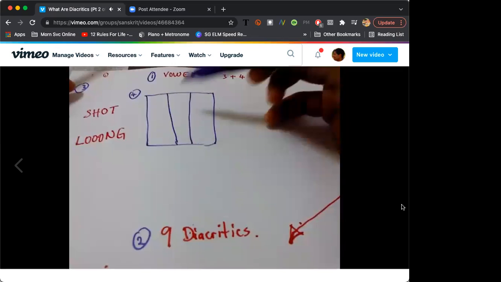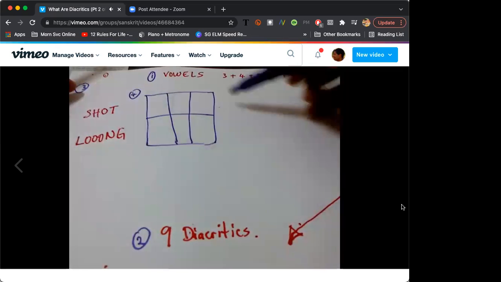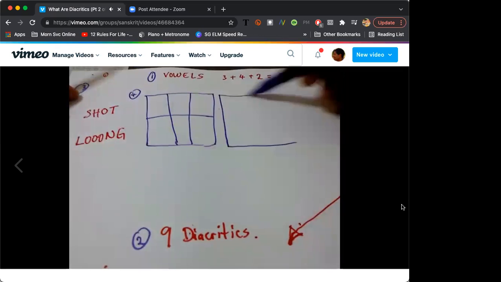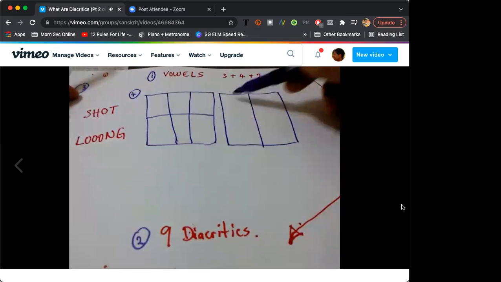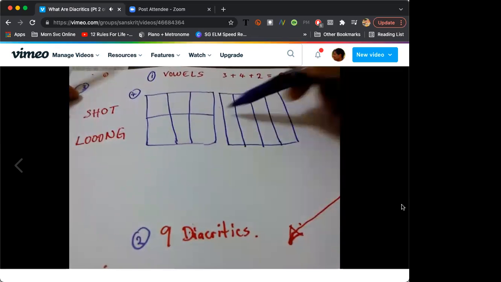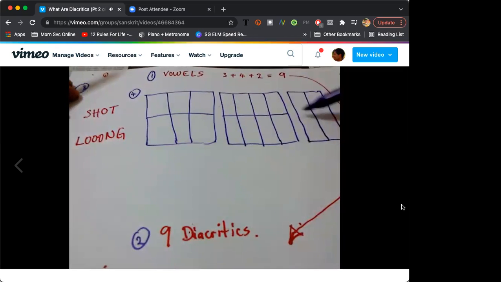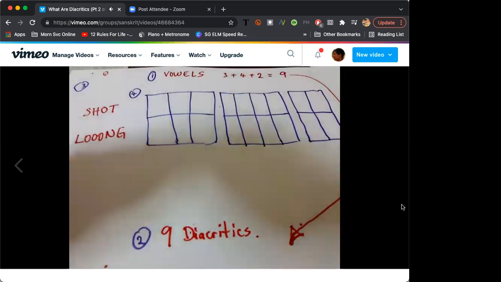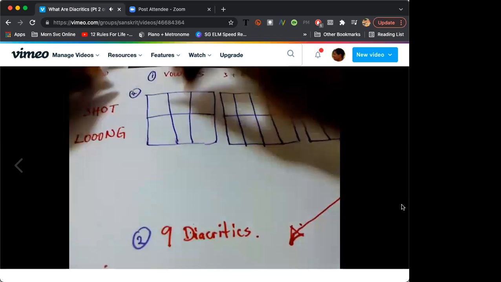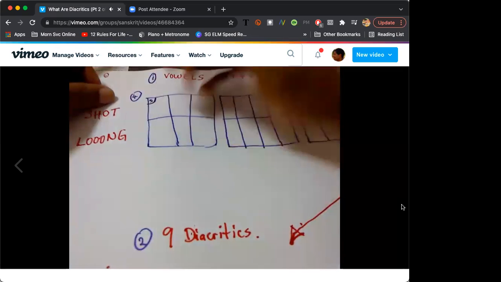The 2 rows, short and long, then 4 and then 2. Mark 2. That's step 4. Then step 5 is to draw in the diacritics.